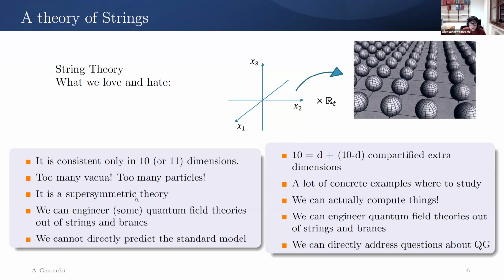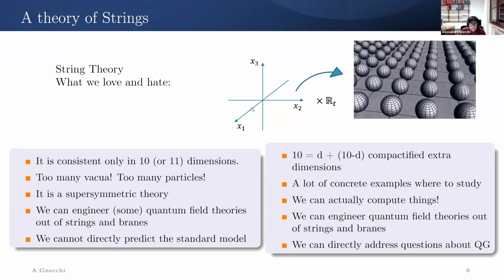And because of supersymmetry, we can actually compute things exactly. Supersymmetry is a strong constraint on the theory, but the constraint makes a lot of things simpler. It's a simplification. As in the case I was mentioning before, we can only derive certain quantum field theories, but we know really well how to construct them.